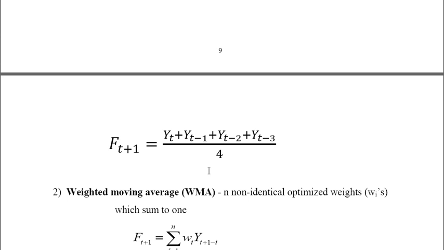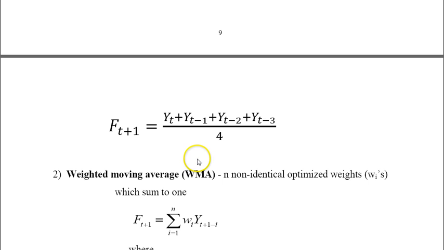Sometimes I may want to give different weights to different months. I want to give again more weight maybe to more recent months. So I can come up with this thing called the weighted moving average. And I have n non-identical optimized weights.